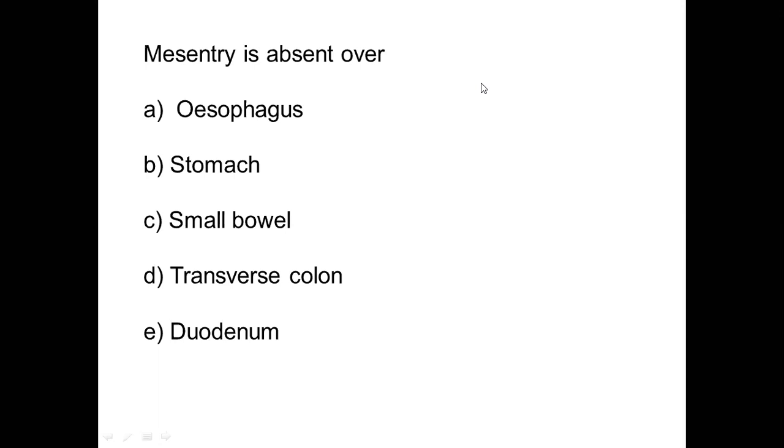Ma'am, esophagus? Okay. We didn't study anything about esophagus. Yes, ma'am. So esophagus is out of question options. Ma'am, not sure about it. So what will you guess?